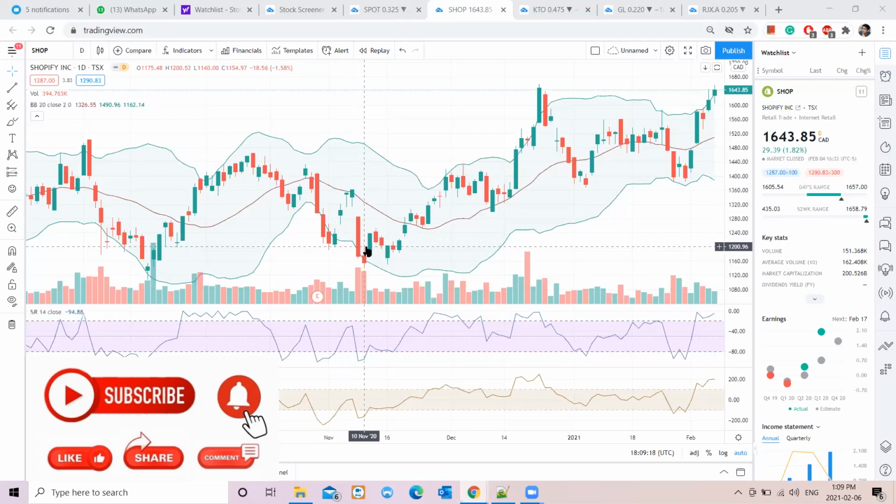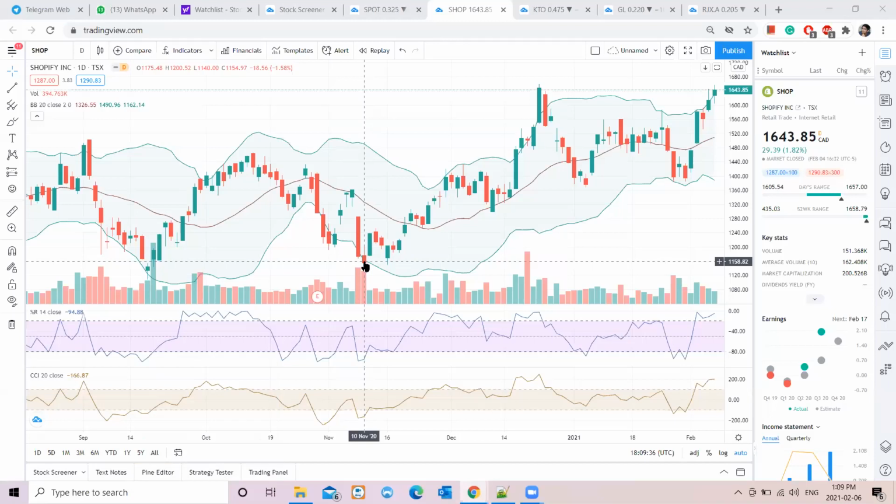Second rule: if the price touches the lower Bollinger Band, it gives you an indication that there is a chance that the product or the script is highly oversold at that point of time. So there is buying expected to happen, and if buying comes in, the price will move up. When the price crosses from the lower Bollinger Band, it crosses the mid Bollinger Band and goes up.